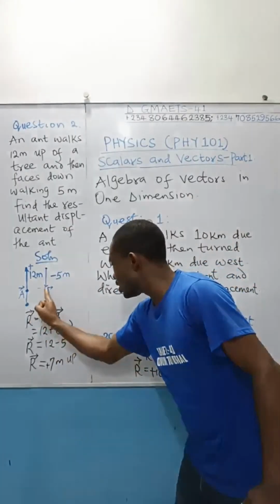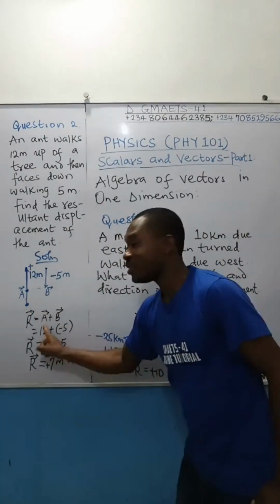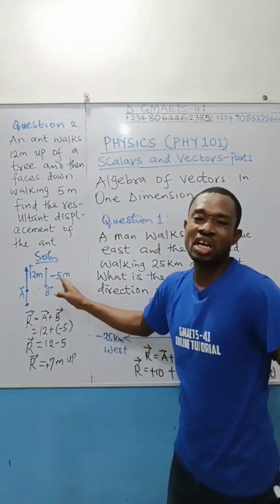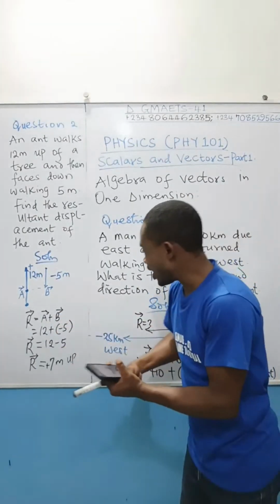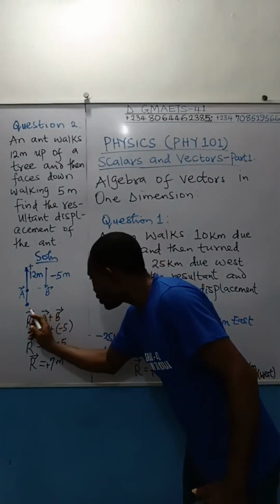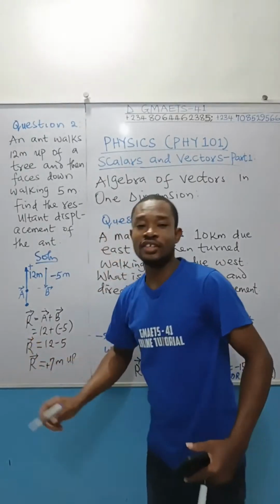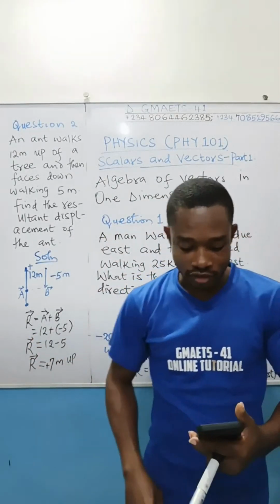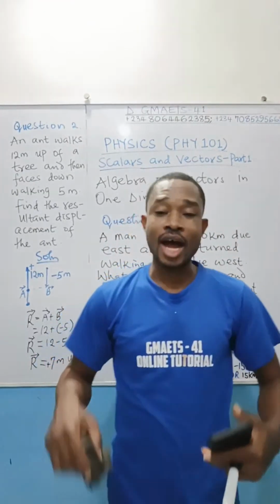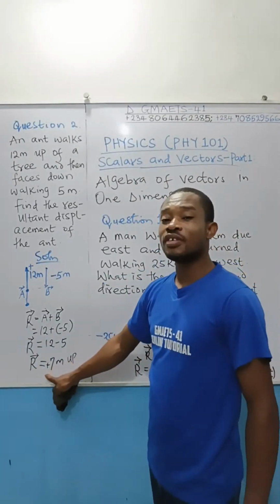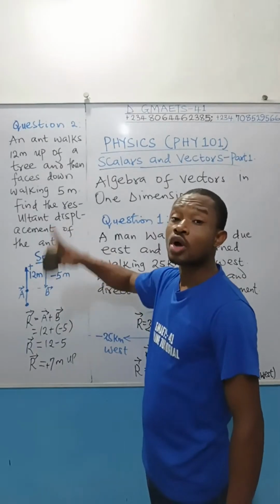If this were something like 13, you know that the ant would have been somewhere here. Are you getting me right? Which will now mean that it has gone to the negative. We can now say the direction of the resultant is down. Okay? So you see, obtaining positive here simply shows that the direction is up.